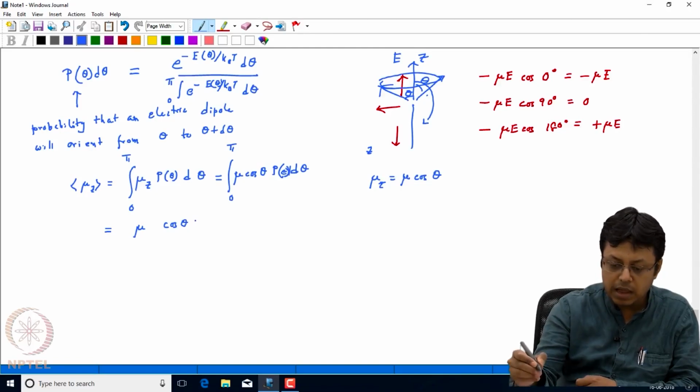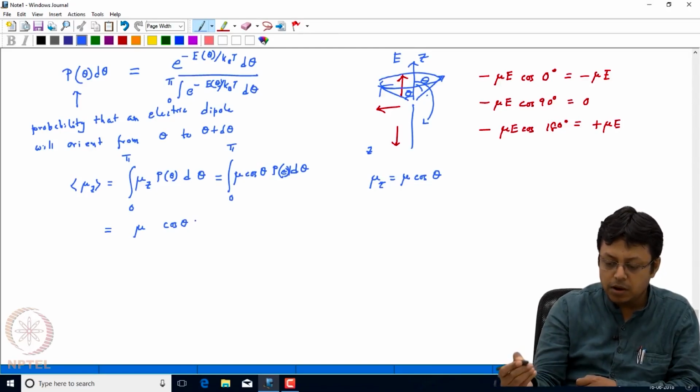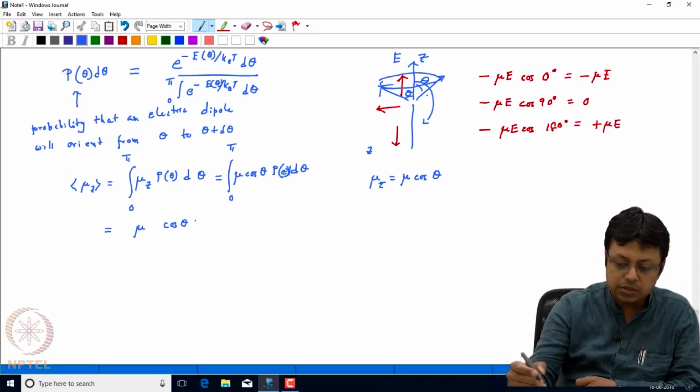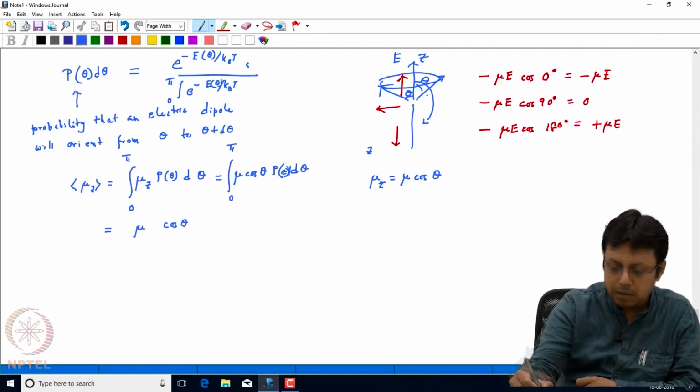But for the overall spherical polar coordinate integration, I missed one thing. The spherical polar volume element means there will be a sine theta d theta component, both in the numerator as well as in the denominator.